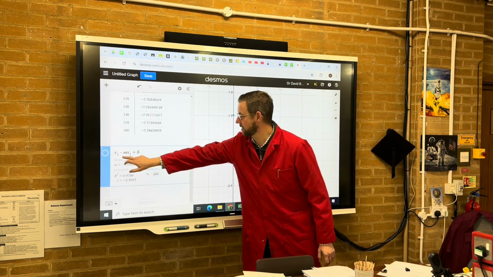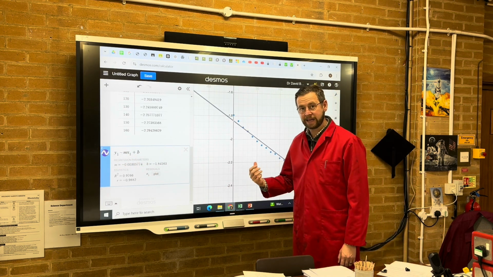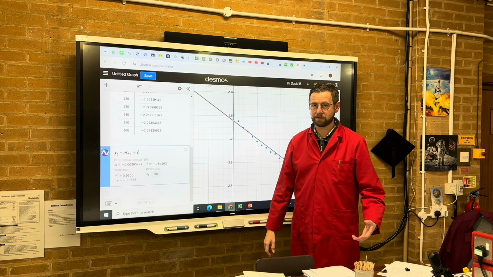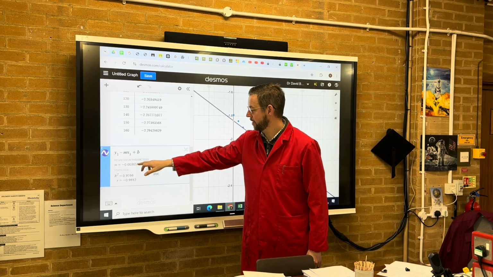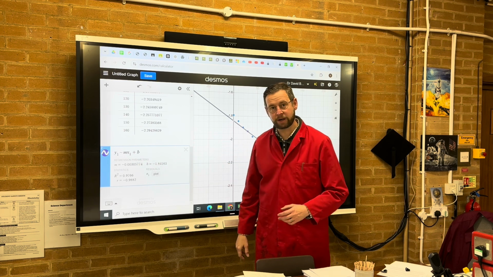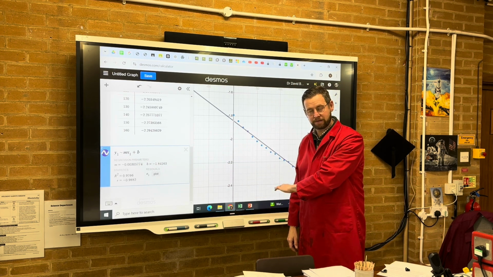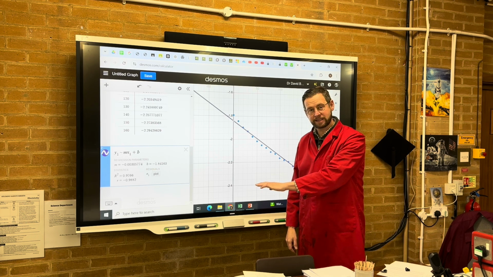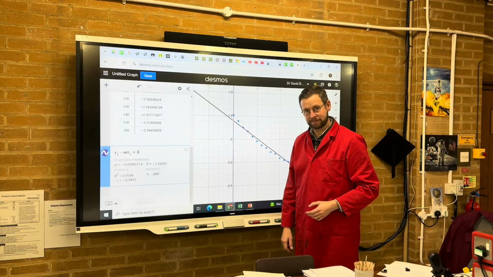So in doing so, this is the very best straight line through here. The gradient, of course, is equal to coefficient b, which is 0.031. So by doing a log concentration time graph and working out the gradient of that, I can find the power b to which this is raised.